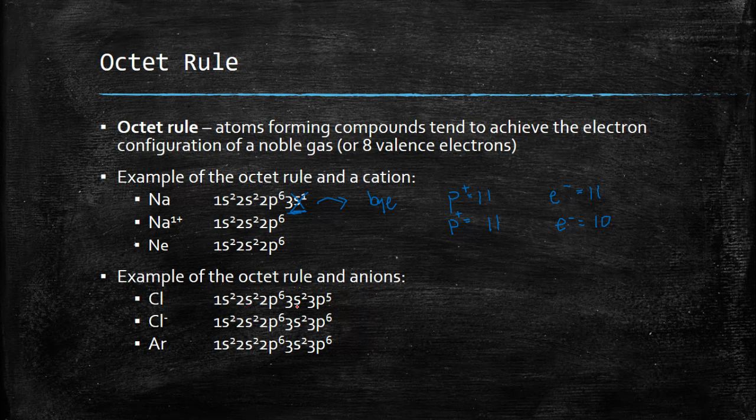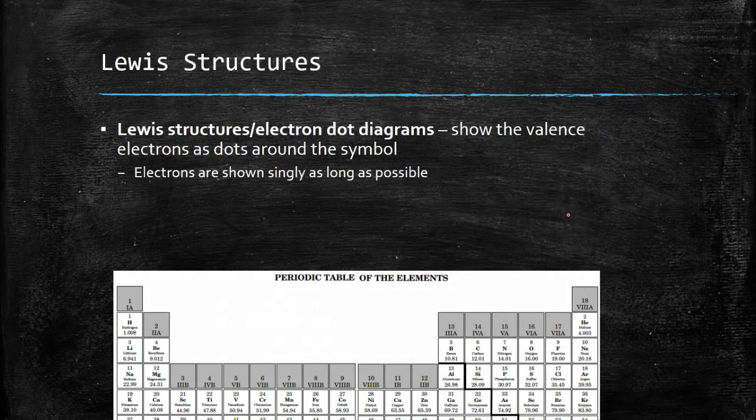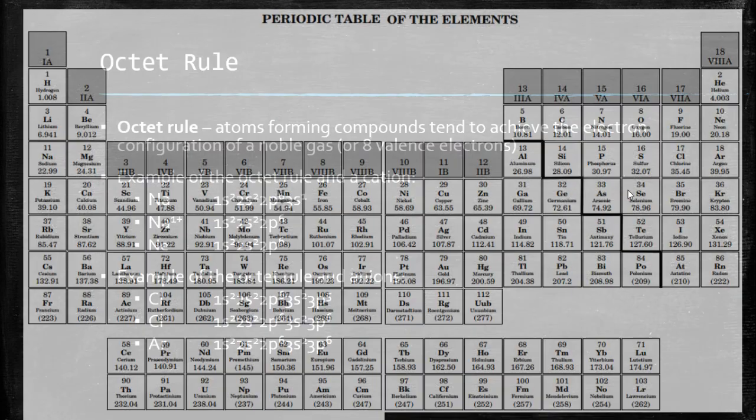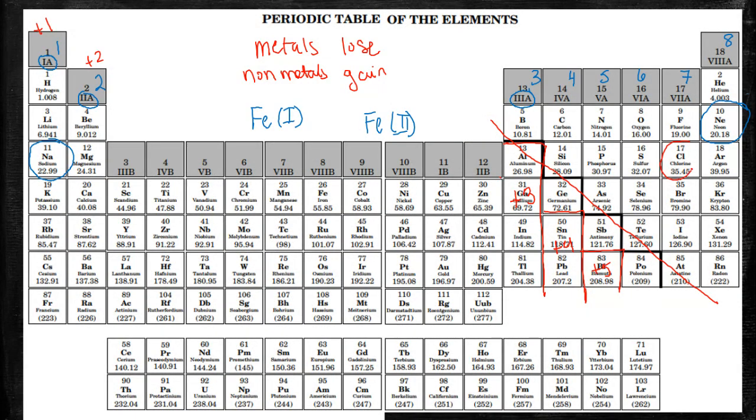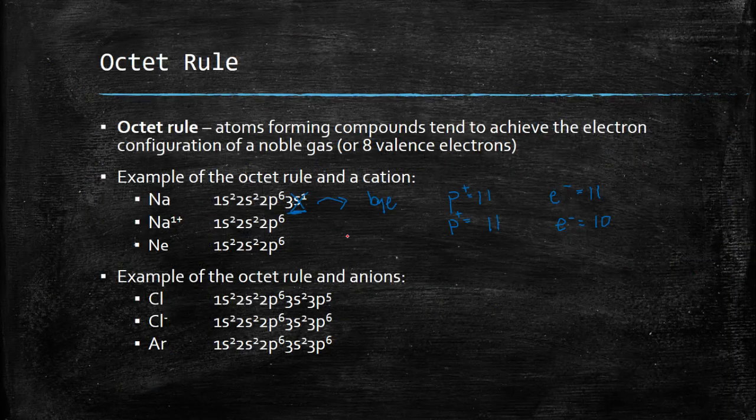So here's chlorine's electron configuration right here. If chlorine is right here, the closest noble gas is argon. If it could get just one more electron, it could have argon's configuration. And that's exactly what it does. It gains 1, giving it a -1 charge, and it has the noble gas configuration that it's looking for.